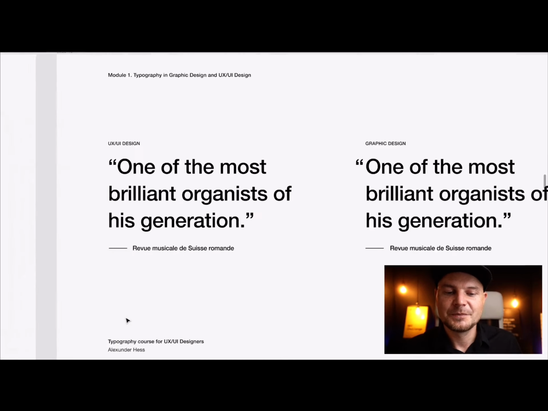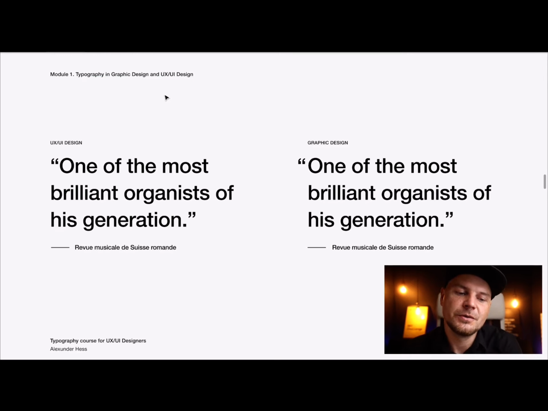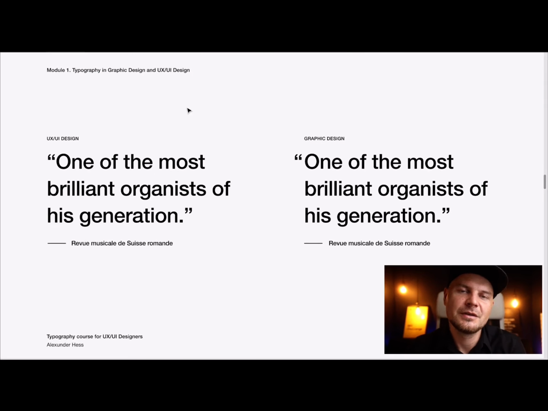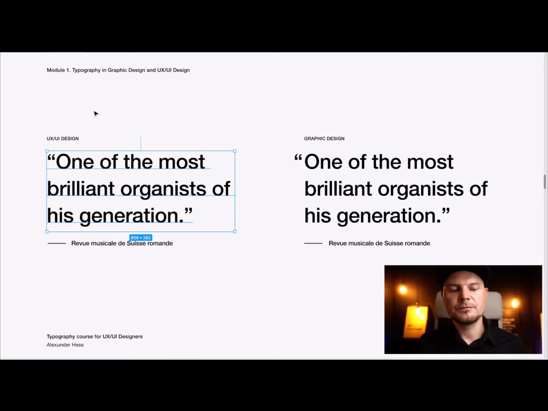This is incredible. Remember in the first module, when we were talking about the difference between graphic and UX design, I told you about this thing here, that the quotation mark goes out of the text. It doesn't mean that we can't achieve this result. You just use text indent and then minus 1 em, and then this quotation mark in the web project will be outside, the same as we have here.